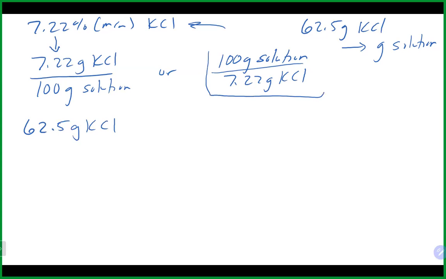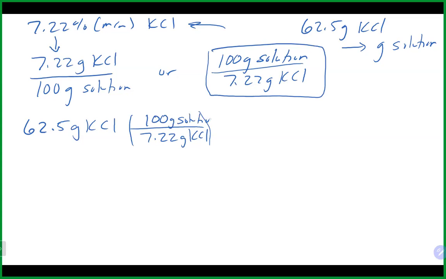We would use the conversion factor here on the right, so everything cancels out. Grams of KCl will cancel. We'll take our 62.5 times 100 and divide it by 7.22. We can make approximately, we'll call it 866 grams of solution from that.